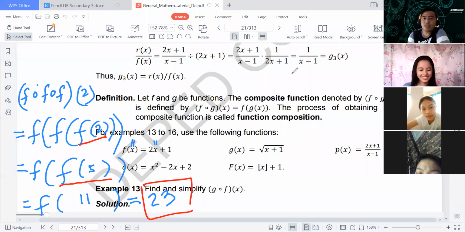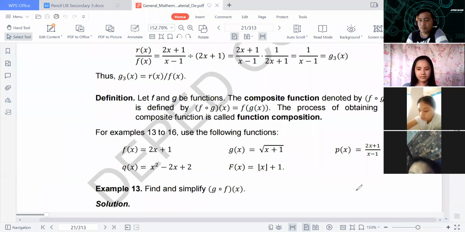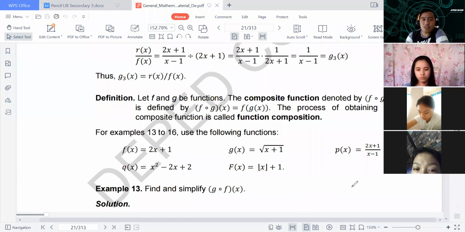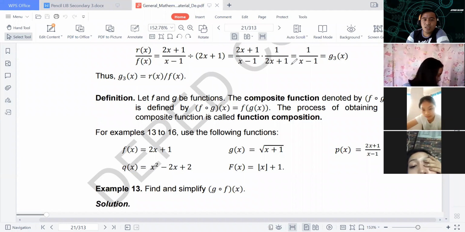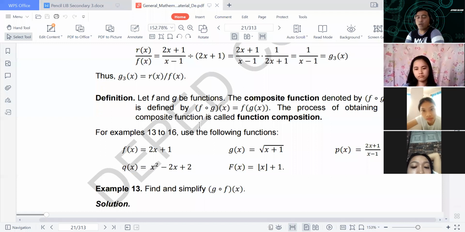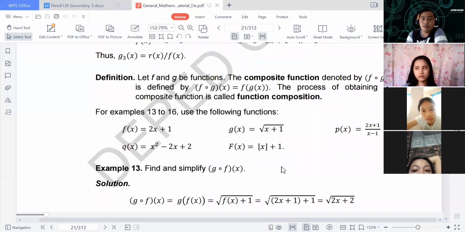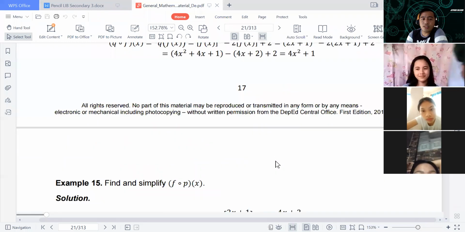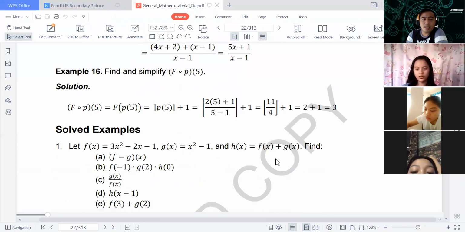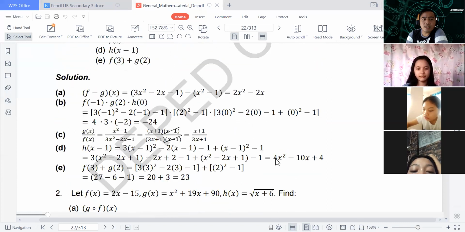Okay. Any questions so far? Any questions? Clarifications? Okay. It's okay. Actually, our discussion is only until composition of function. Okay? No more concerns?